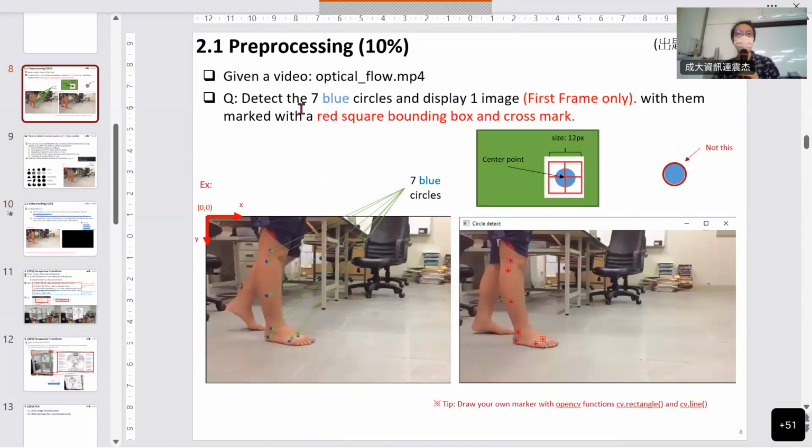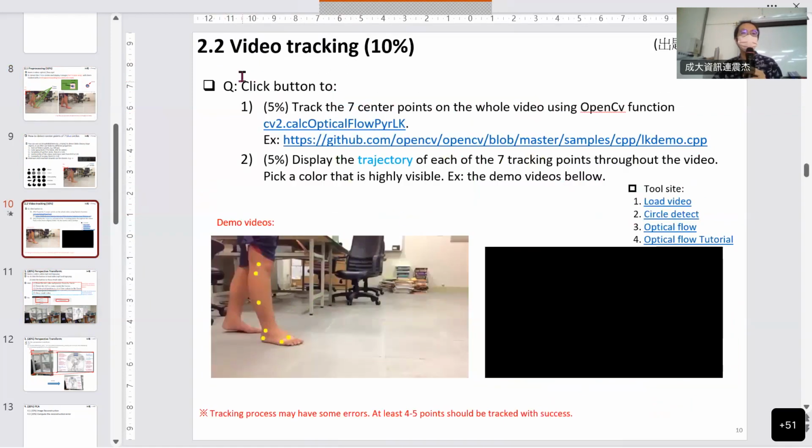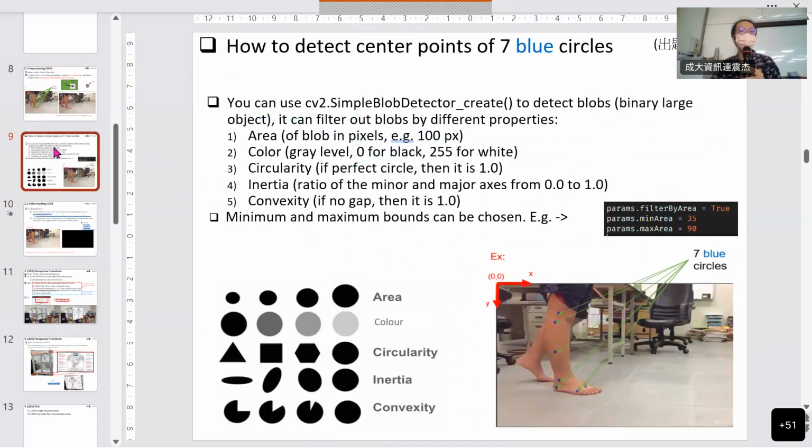In the first process you need to detect 7 points, but for the second question, 4 to 5 is okay. For the point detection, you can use the simple blob detector. Any question? No.